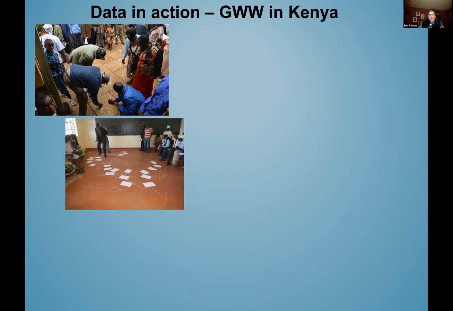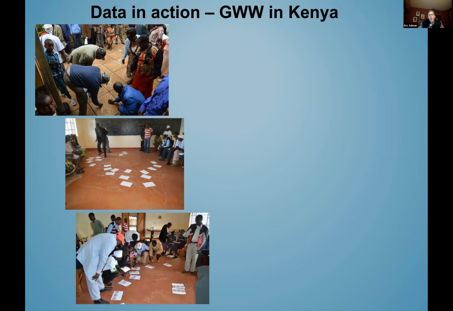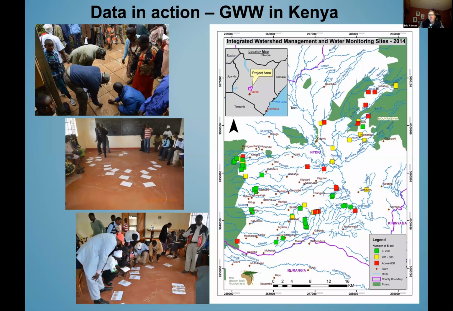They drew a map of the watershed on the floor and had people collect their data and put their data sheets down on the floor. Then they translated that into a color-coded map showing the different bacteria levels at different places throughout the watershed.